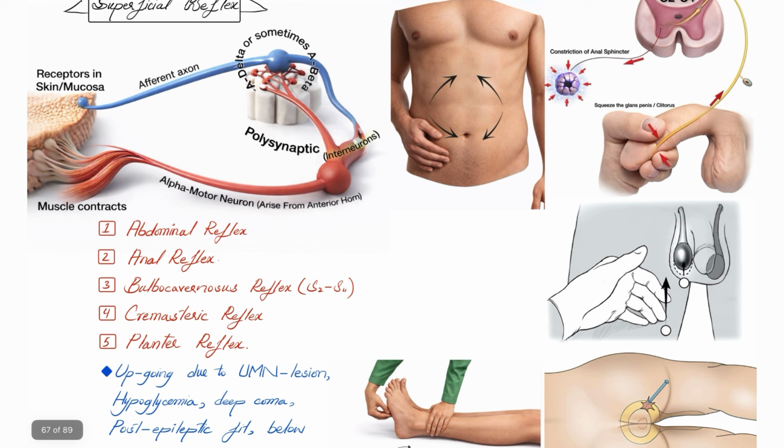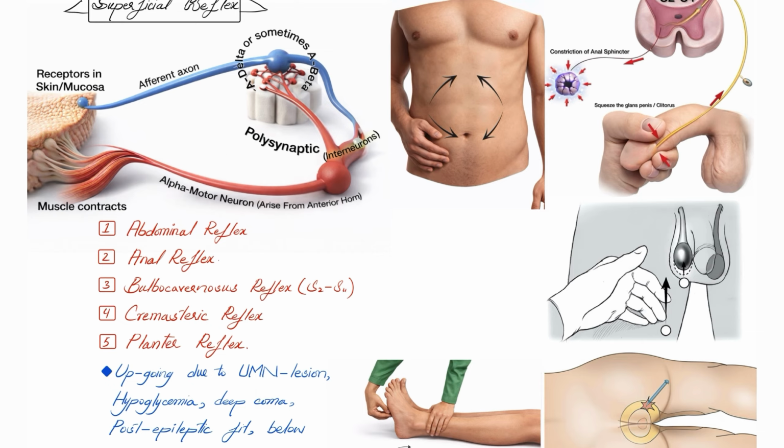Now let's study the superficial reflexes. The reflex arc is shown in the image. The receptors are present in the skin or mucosa. The afferent limb is made up of A delta or sometimes A beta fibers. In the spinal segment, or the reflex center, there are multiple synapses of interneurons, so that's why it's called polysynaptic.